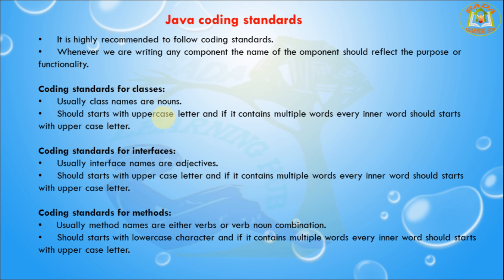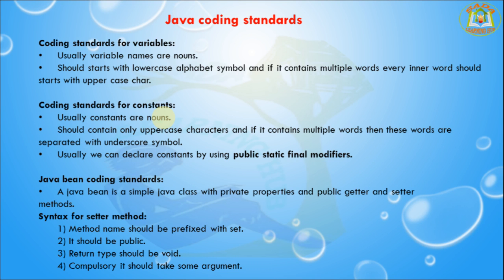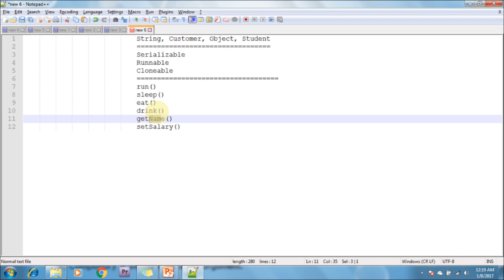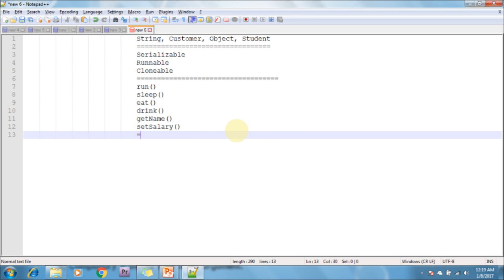Next, coding standards for variables. Usually variable names are nouns. They should start with a lowercase alphabet symbol, and if a name contains multiple words, every inner word should start with an uppercase letter. I can show you some variable name examples.